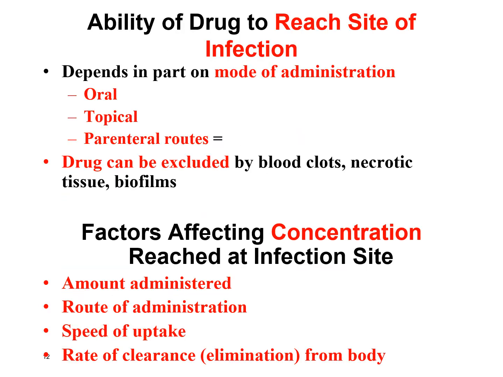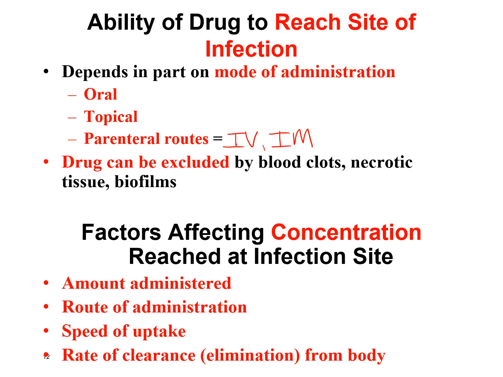Let's take a look at the ability of the drug to reach the site of the infection, and this depends in part on how the drug is administered. So we can give drugs either orally, topically, or parenterally. Parenteral routes are injectable, so we can give drugs either intravenously, IV, or intramuscularly, IM.